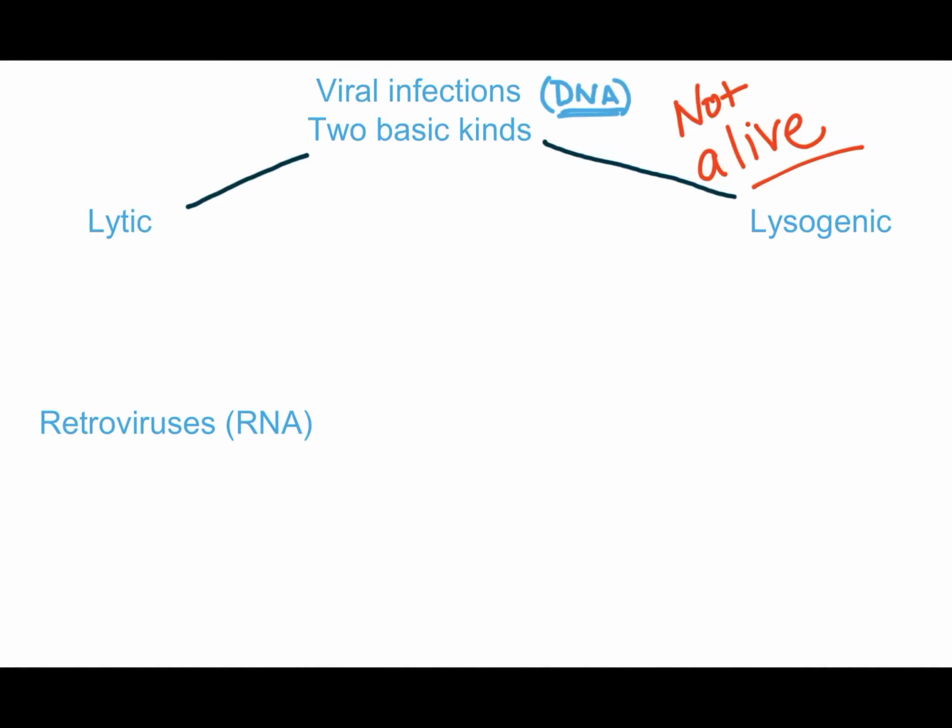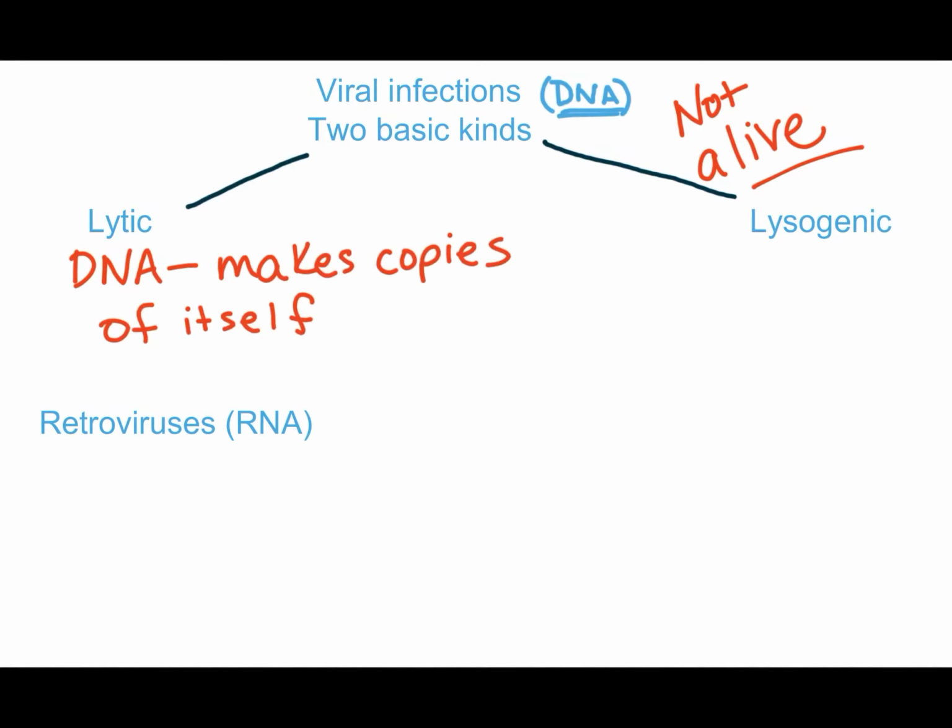Okay, so there's two different kinds of infections. In a lytic infection, the DNA enters the cell and basically takes over, okay? And it starts to use the mechanisms within the cell. So it uses the ribosomes. It uses all the things that our cell is doing to make our own proteins and to function.